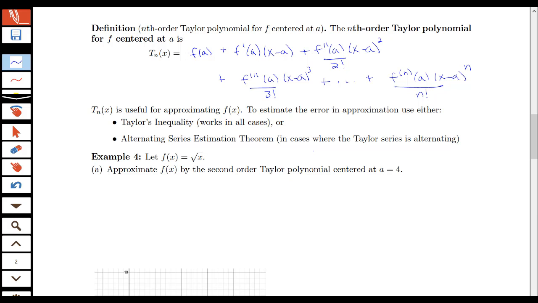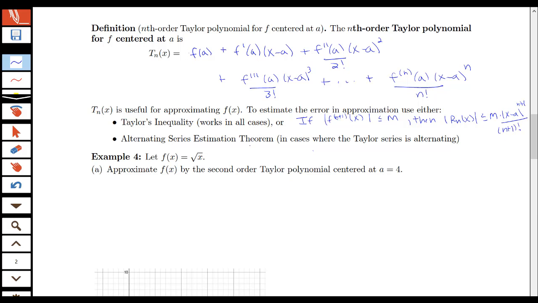So just to remind ourselves what these two estimation theorems say, Taylor's inequality says that if we can get a bound on the n plus 1th derivative, if the absolute value of f of n plus 1 in an interval around our center is less than or equal to some number M, then the bound on the remainder will be less than or equal to M times the absolute value of x minus a to the n plus 1 all over n plus 1 factorial.